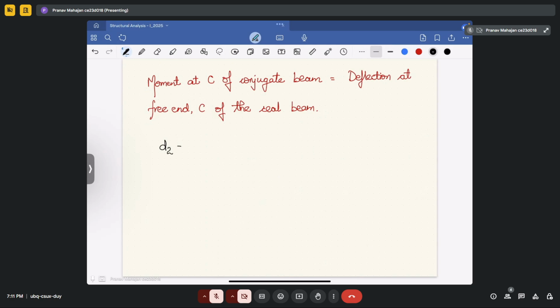So that will be equal to, first you will calculate the area of the bending moment diagram, that is 1 by 2 into the maximum value, 10 Cy upon EI, into the distance, which is total 10, multiplied by the moment arm of the loading diagram, that will be 2 by 3 of 10.